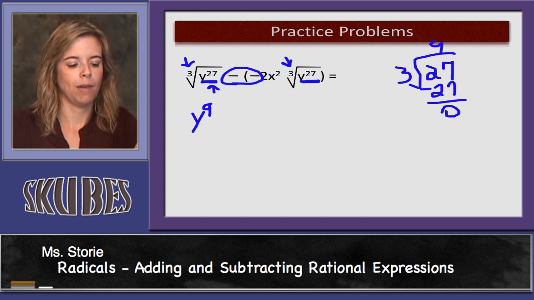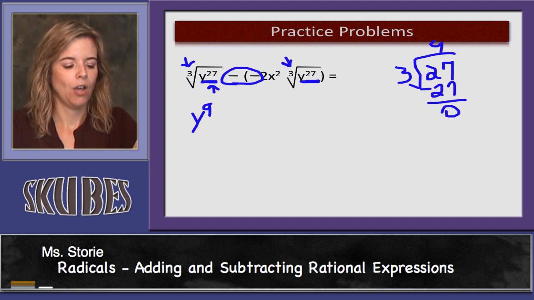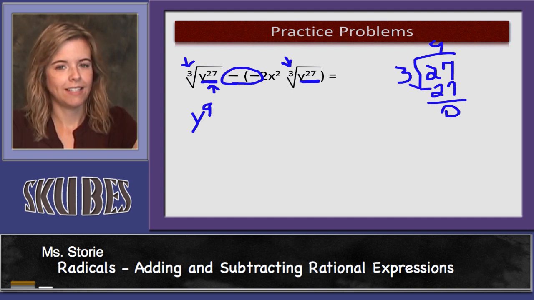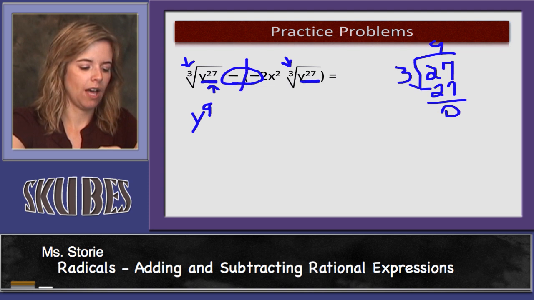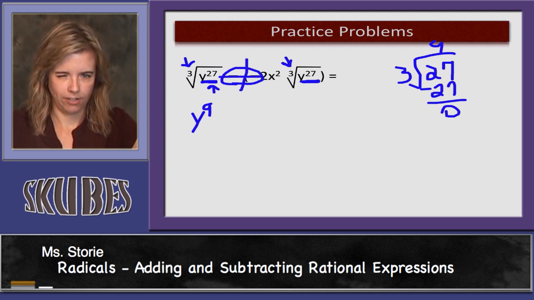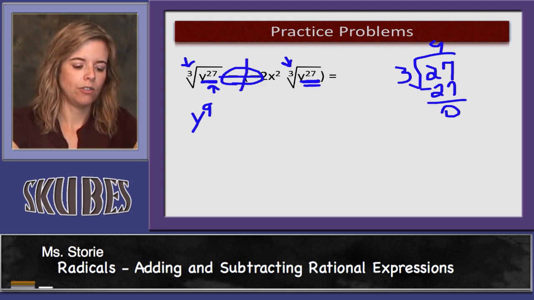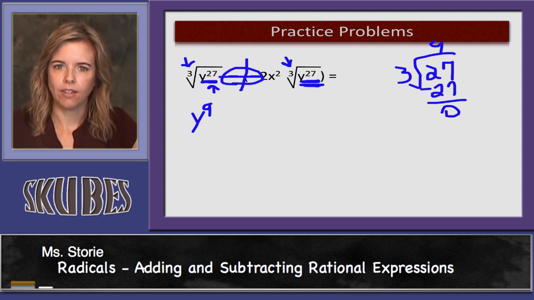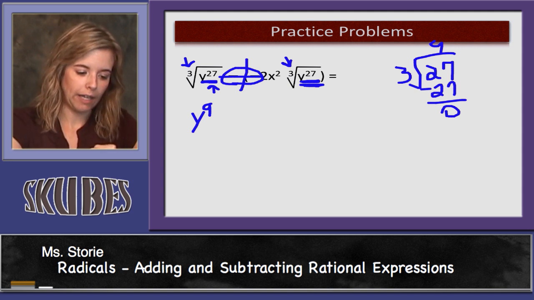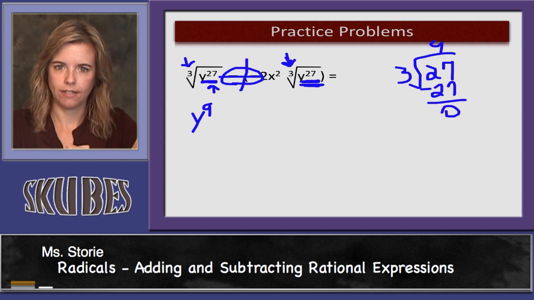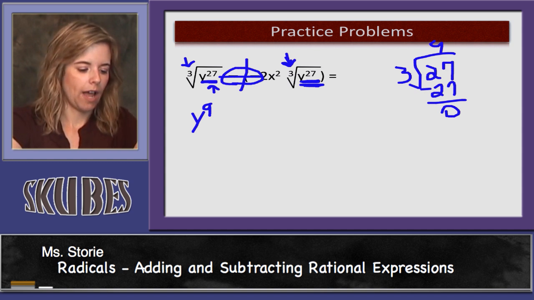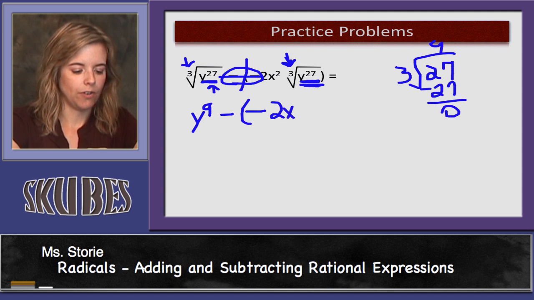Here you've got minus and negative. What does minus and negative mean? It's negative times negative, and when two of them collide, they turn positive. So let's keep that in mind for later. Now again, you've got y to the 27th. How many groups of 3, because it's the index of 3, go into 27? 9 groups. So we're actually going to take out, we've got our 2x squared, and then we're going to multiply that by y to the 9th.